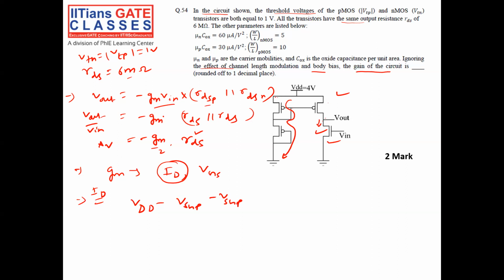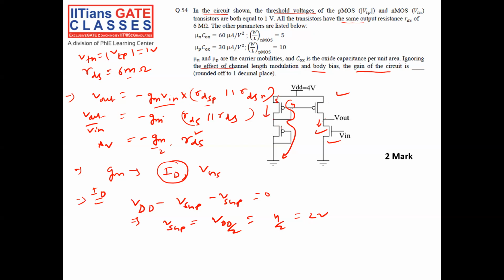Since the same current will flow, the same potential will rise from here to here also, so it equals 0. This implies VSGP is equal to VDD by 2, equal to 4 by 2, equal to 2 volt. See what I am telling. This is the source, this is gate.